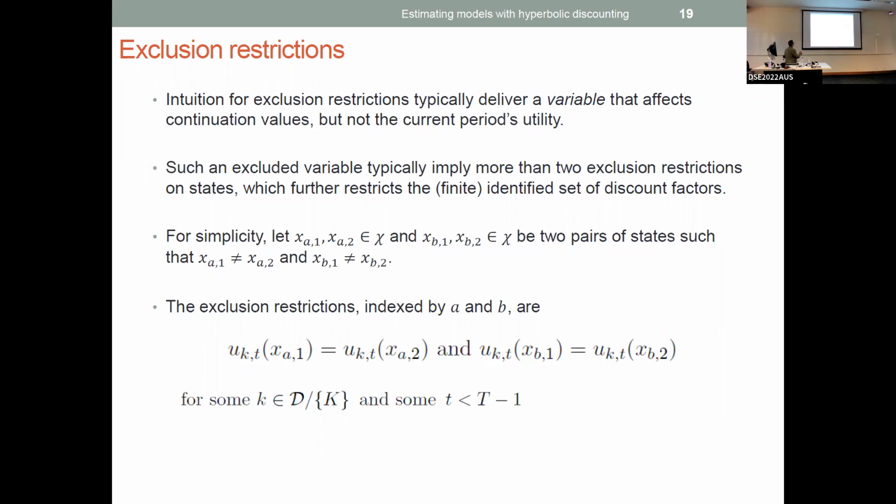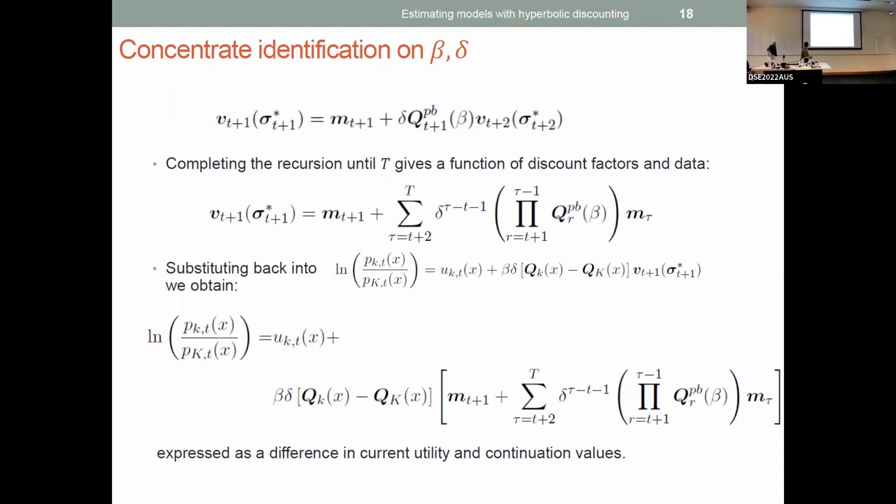The intuition for an exclusion restriction typically delivers a variable that affects continuation values, but not the current period's utility. So we would like to perturb the continuation values while keeping the utility flow fixed. Given pairs of these exclusion restrictions, you can cancel out the utility flow accordingly.